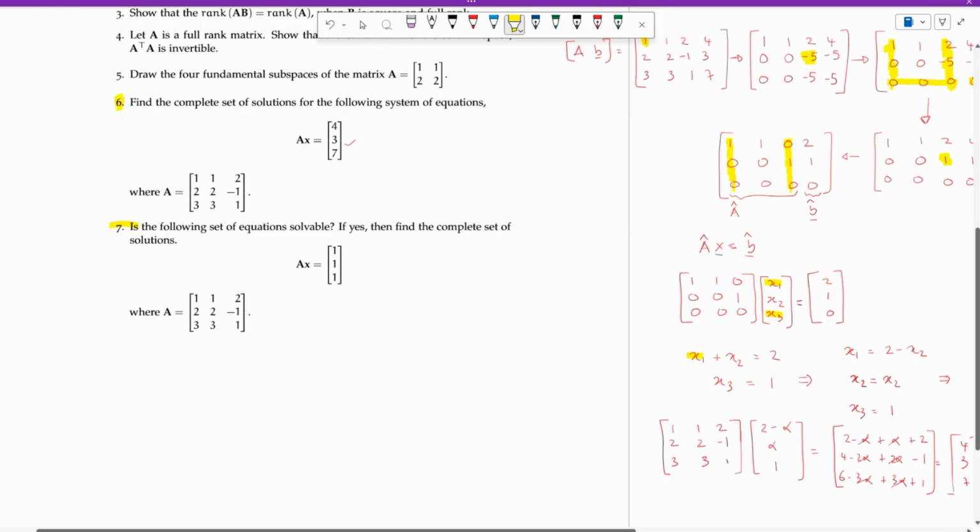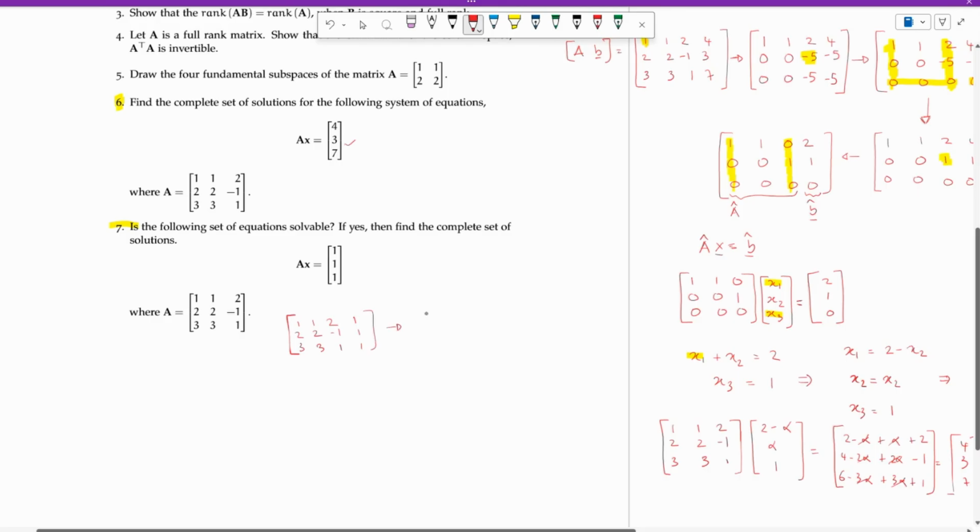Okay. Tell me the row echelon form. So you would have started with 1, 1, 2, 1, 2, 2, minus 1, 1, 3, 3, 1, 1.